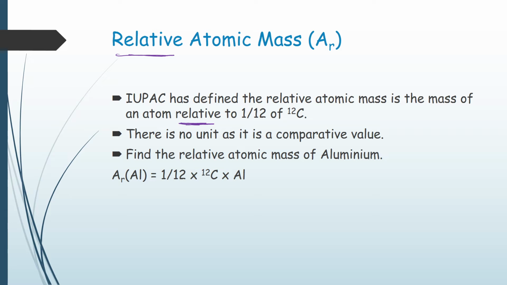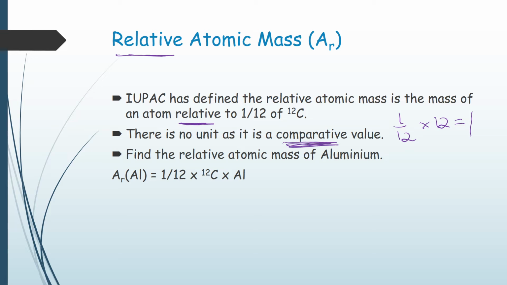So let's have a think about this. If I was to do 1/12 of 12, that comes out to 1. So in fact, we are comparing everything back to 1. There are no units because this is a comparative value. We are comparing them all to carbon-12.